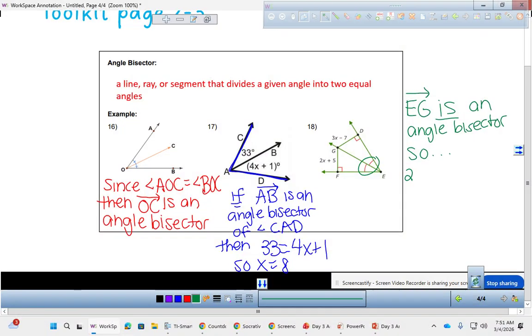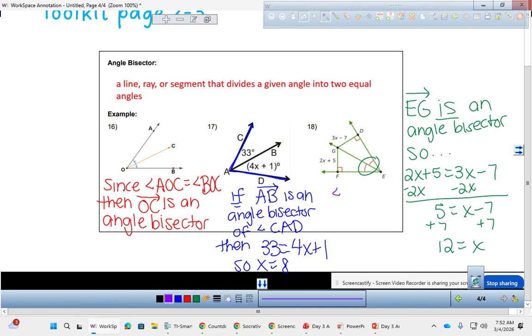So the two angles that I have must be equal. So I'm just going to set the two equations equal to each other. This is going to allow me to solve for x. We okay with that?